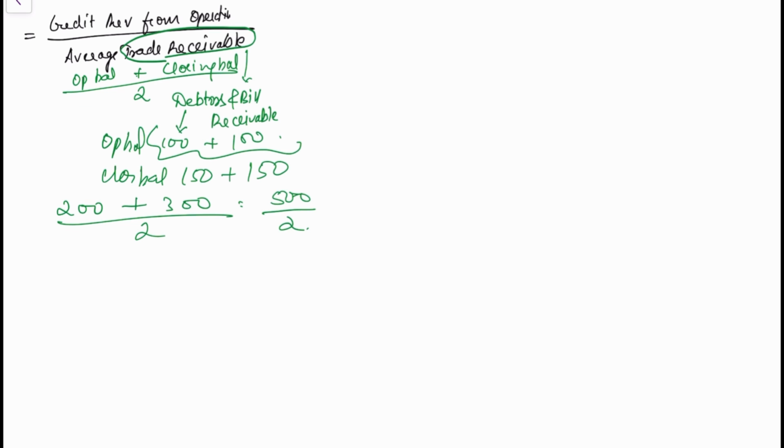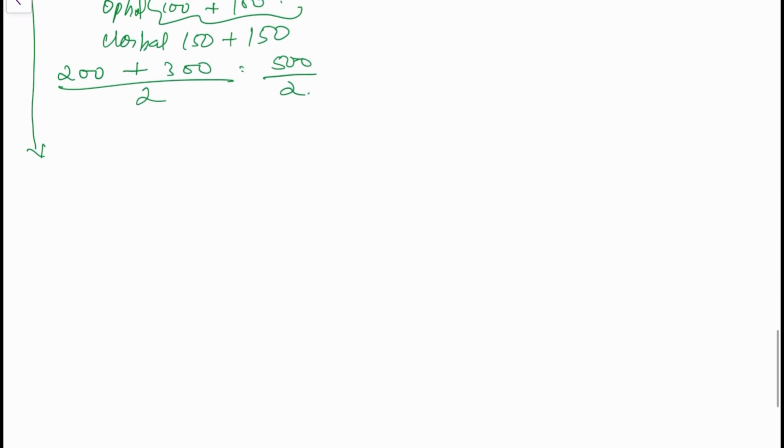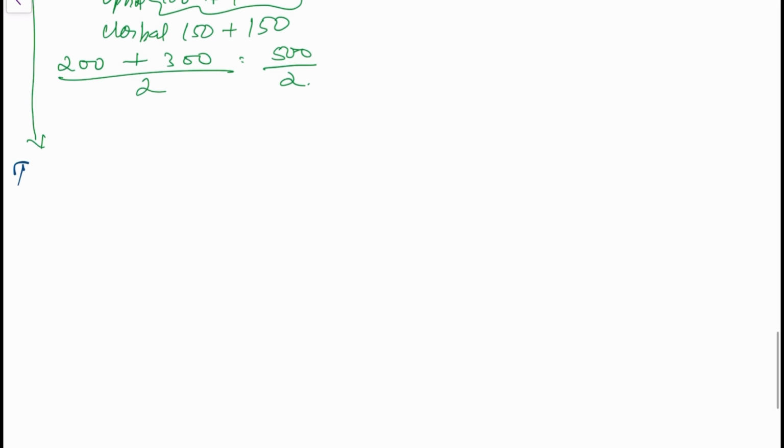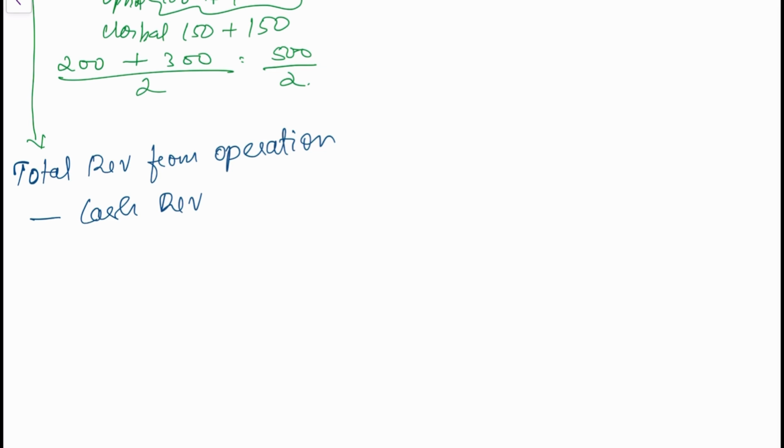Then credit revenue from operation. What is the formula for calculating the credit revenue from operation? The formula is total revenue from operation minus cash revenue from operation.